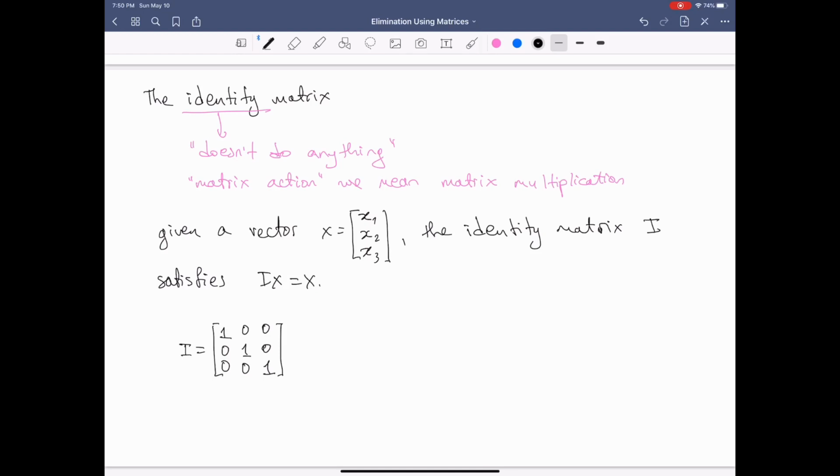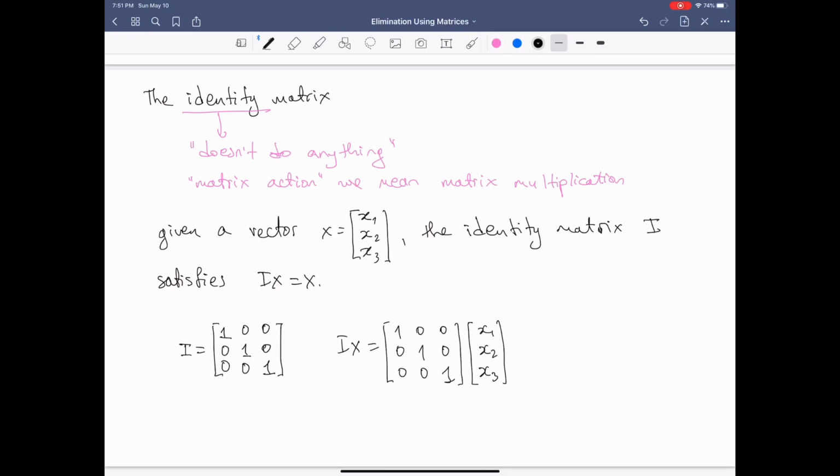Let's see that this matrix really satisfies this equation over here, that Ix equals x. Let's multiply. So I times x is the matrix 1, 0, 0, 0, 1, 0, 0, 0, 1, times the vector x with components x1, x2, x3. Now remember, we can carry out multiplication of a matrix by a vector in 2 ways for the time being.